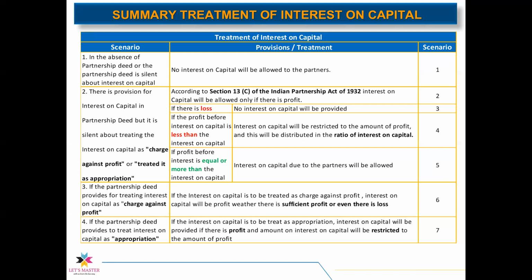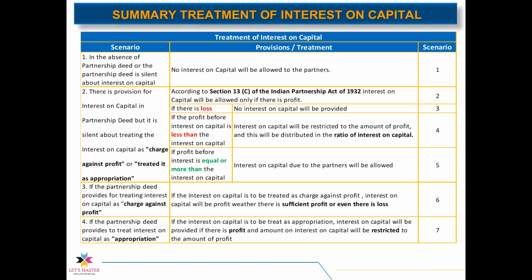So we can sum this second scenario up like this: if there is a provision for interest on capital in the partnership deed, but it is silent about treating it as charged against profit or as an appropriation, then we will treat this as appropriation.